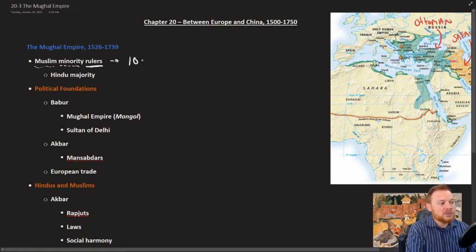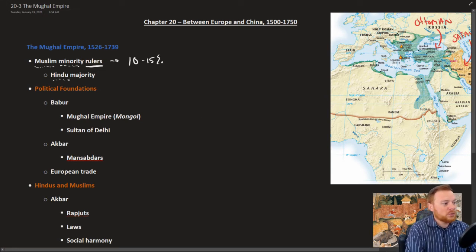Anywhere between maybe 10 to 15% of the people in the Mughal Empire are Muslim, but 80 to 90% of the positions of power are pretty much all exclusively Muslim, with some exceptions. So again, a Muslim minority in terms of population, but the ruling class.